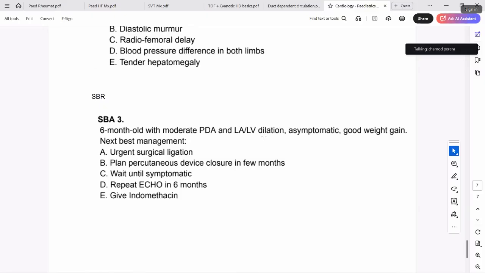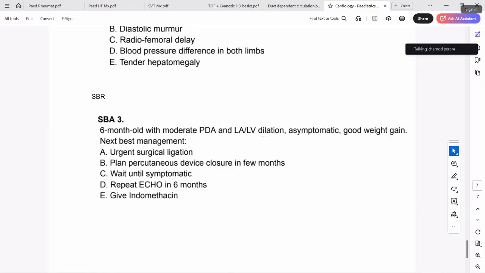Pulmonary hypertension has two stages, right? Initially it can be reversible, but later on with time, pulmonary vascular remodeling is going to occur, and then the pulmonary hypertension becomes irreversible, right? So that is the main threat in this baby.